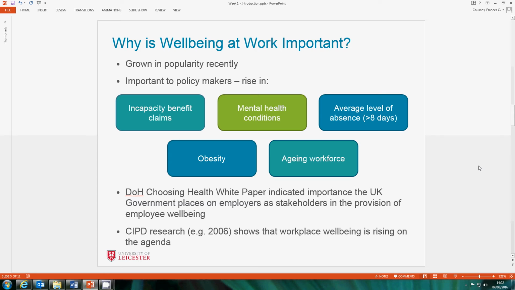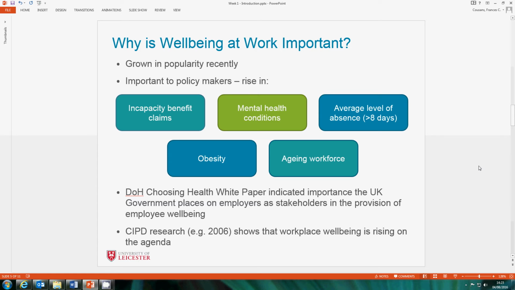So CIPD research, for example, some of their papers from 2006, also shows that workplace well-being is rising on the agenda for some businesses as more employers recognise the benefits and the contribution that can be made by introducing workplace health and wellness policies. Now, the CIPD suggests that employers face pressure from three sides when it comes to well-being. So firstly, for themselves, as employers increasingly face costs and risks of long-term sickness and absence damaging their productivity, their growth, their retention and their brand.